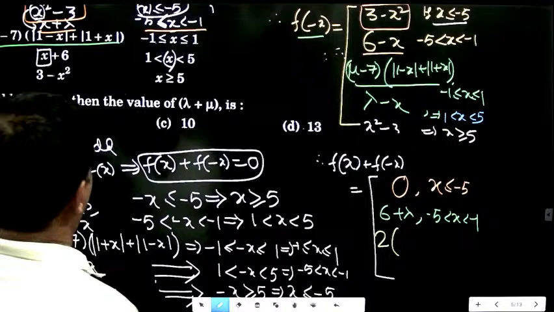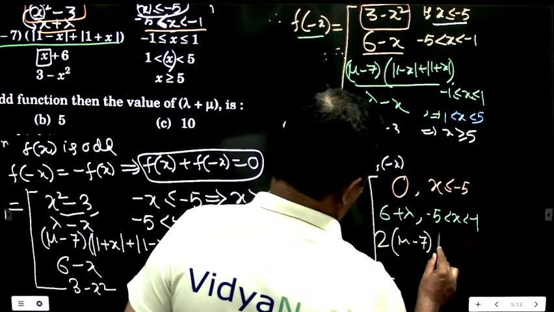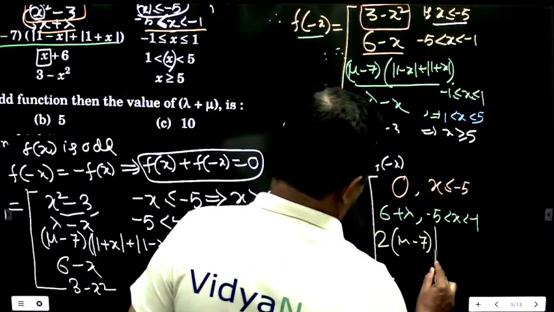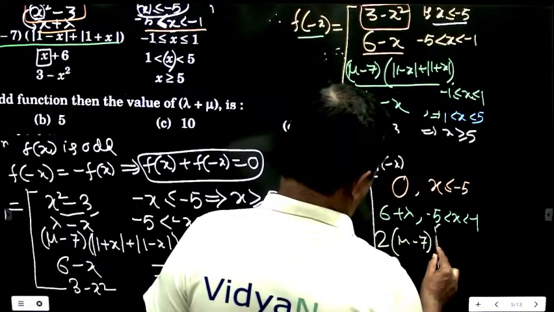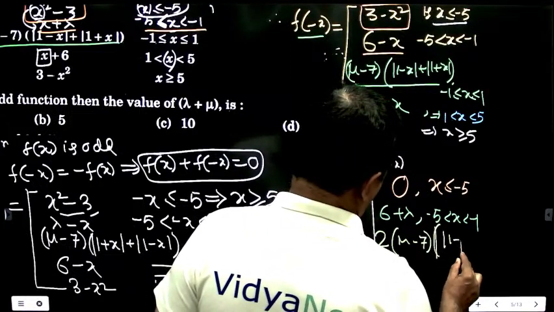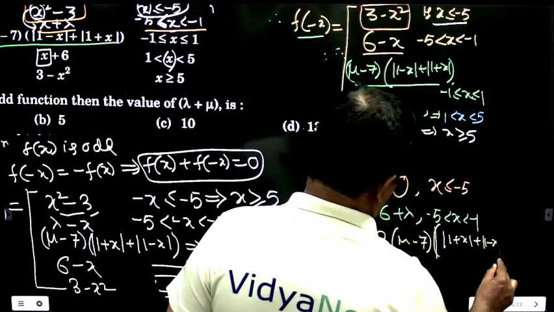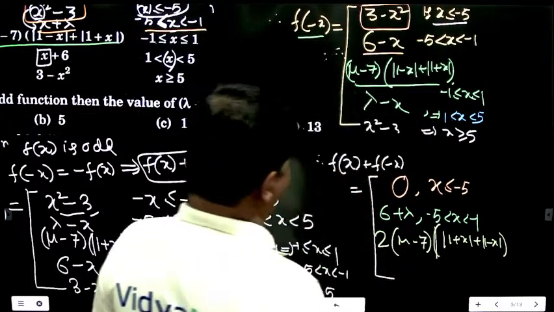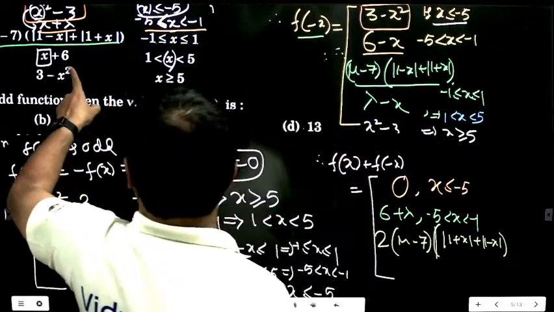Twice mu minus 7 x plus 6 lambda minus x.